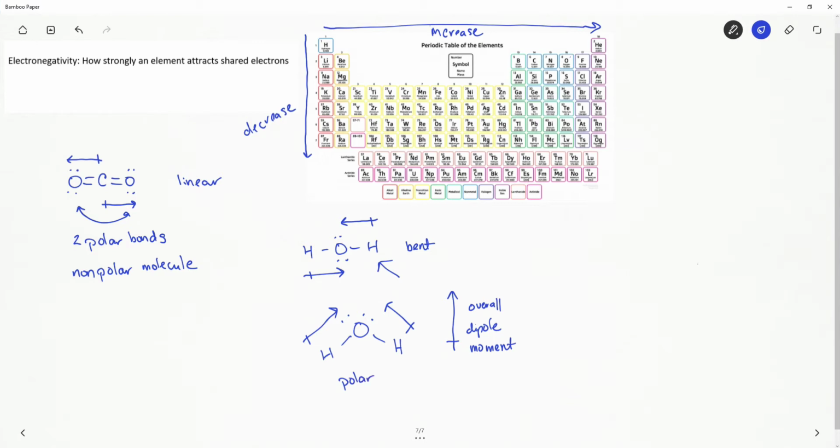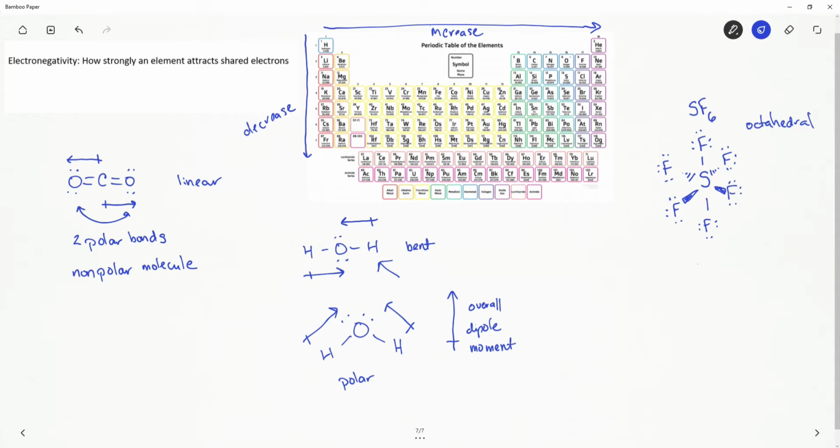Let's do a larger molecule, sulfur hexafluoride. Here is its Lewis structure. Based on VSEPR, its shape is octahedral. Now the way we've drawn our Lewis structure here is not very helpful to us to visualize it in 3D space. So I am going to use wedges and dashes to help.